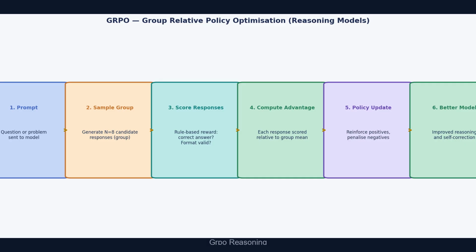Responses that scored below average get penalized. The model updates its weights accordingly, and the process repeats. Over many iterations, the model learns that responses with explicit reasoning consistently score higher than responses without it, so it learns to reason. The group comparison is what makes this computationally tractable. By scoring responses relative to each other rather than against an absolute standard, GRPO avoids needing a separate reward model while still producing meaningful training signal.